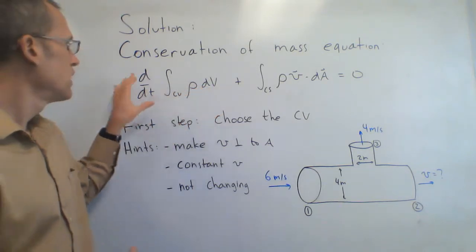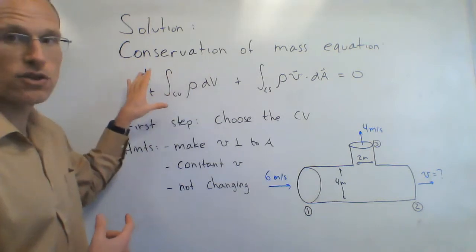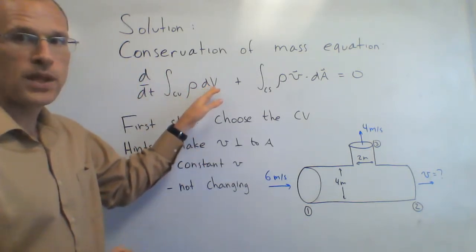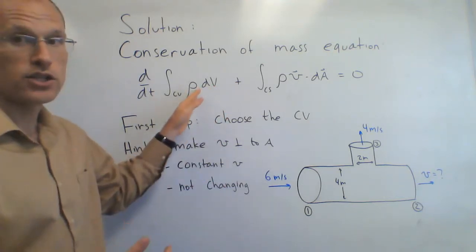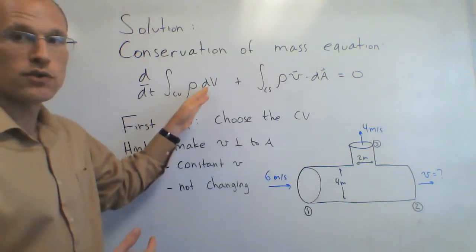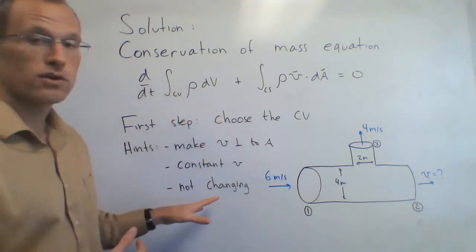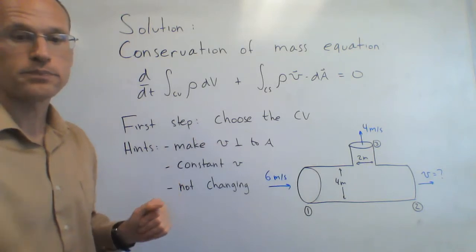So basically, this time derivative means this first term is going to be 0 unless either the density or the volume changes in time. A lot of these problems are incompressible, so the density is not changing in time. So the only thing that could change in time is my control volume. If your control volume changes in time, this term's not going to be 0. But if you pick a control volume that doesn't change in time, this term will always be 0, making your life easier.